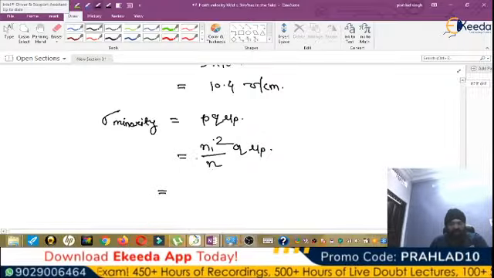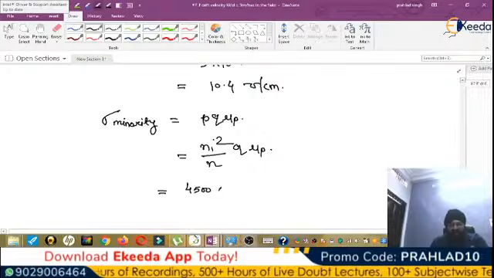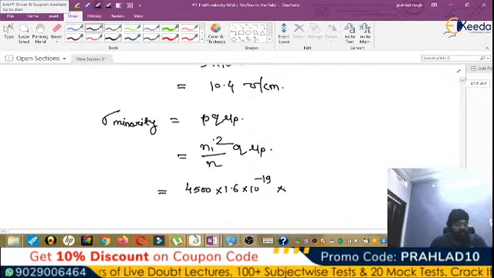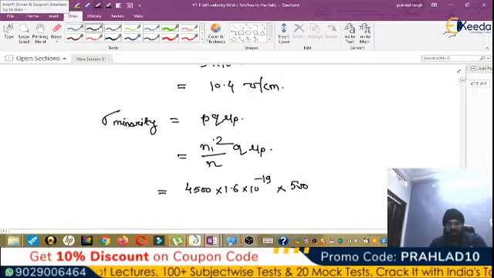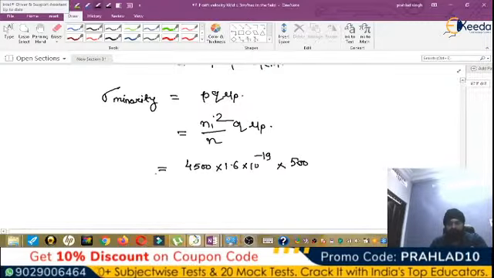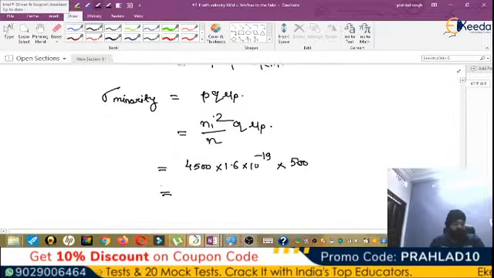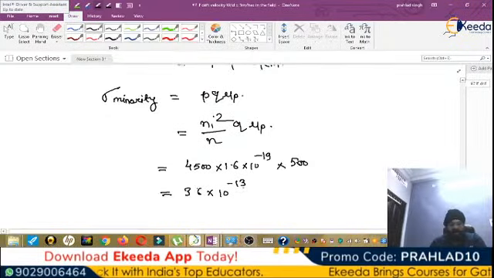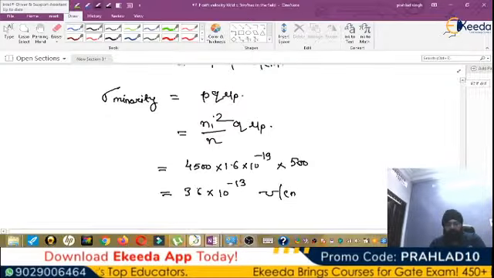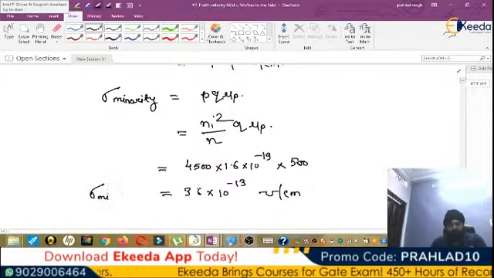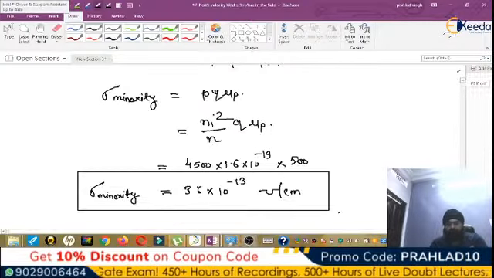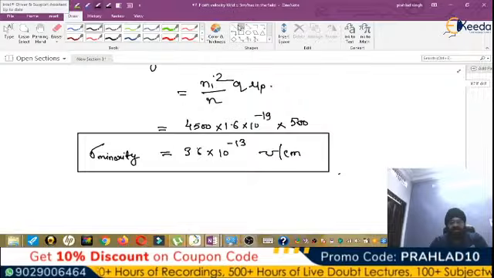So when we calculate this Ni square by n quantity, it is 4500, into mu p. Mu p is given here as 500. So this answer is 3.6 into 10 to the power minus 13. So this is our required answer.